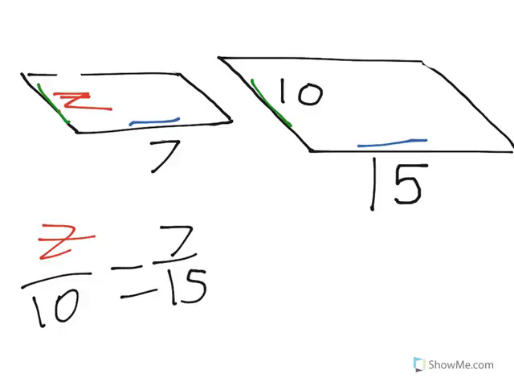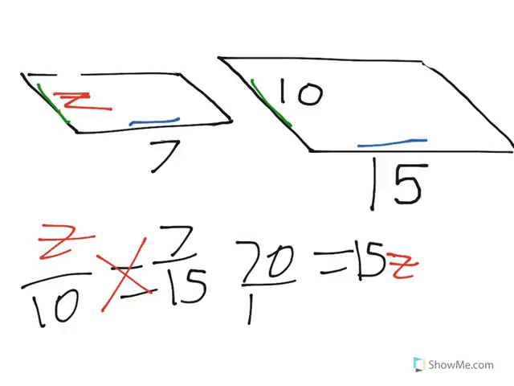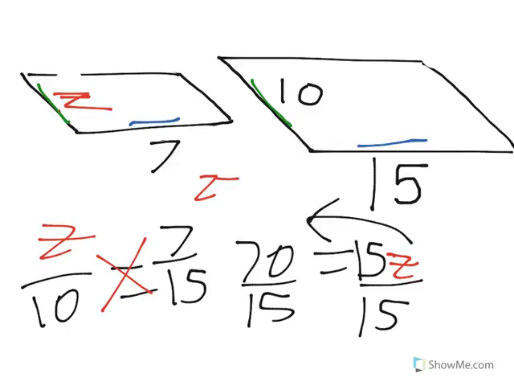Now we'll use what we learned and cross multiply, and we get 70 equals z and 15. And then we'll divide both sides by 15 to get z equals 70 over 15.